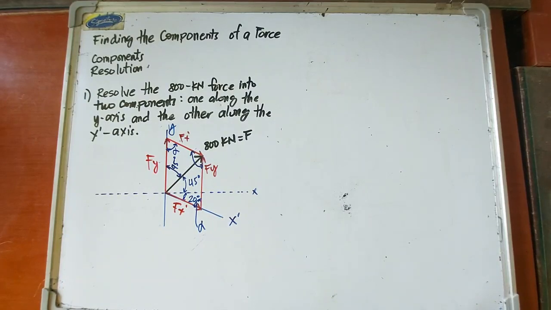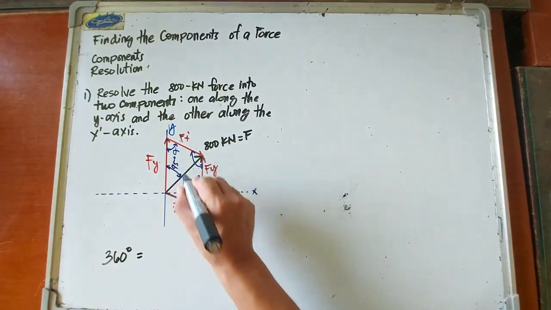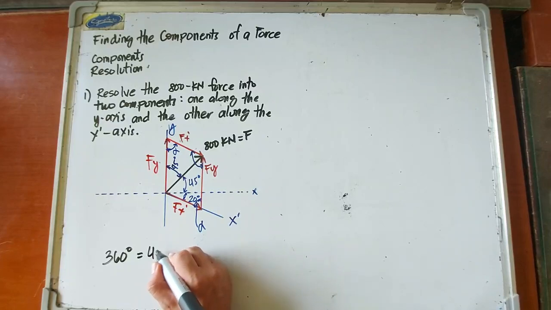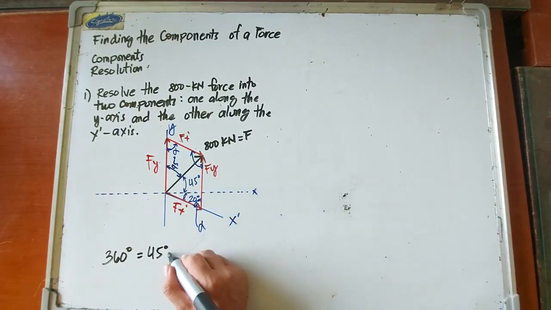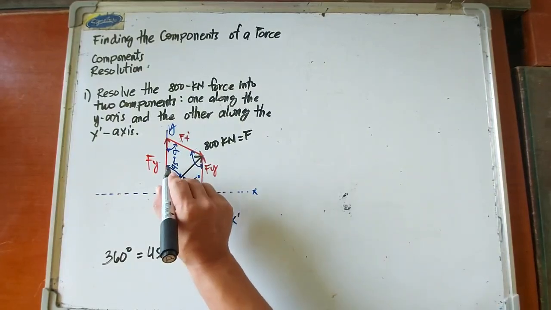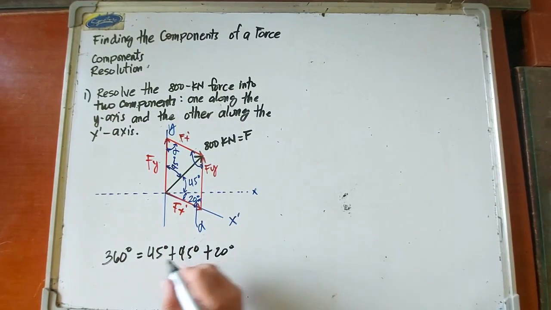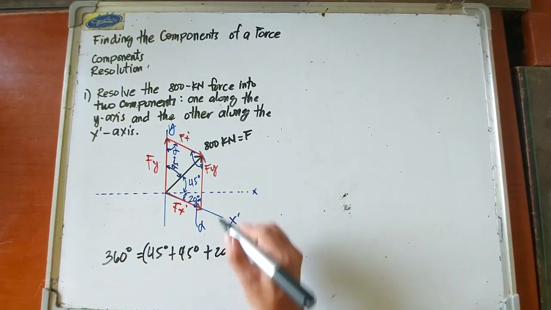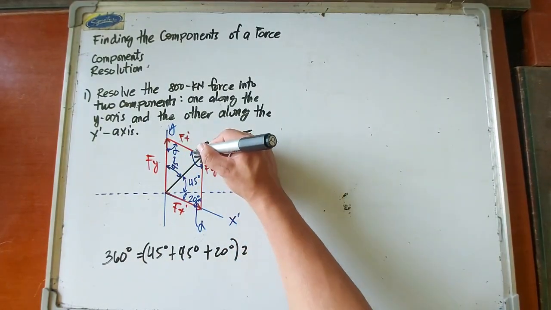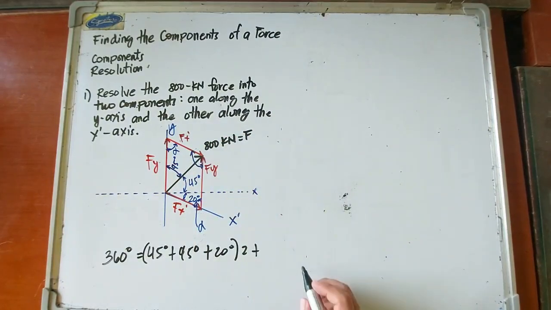So you solve that. The total interior angle of a parallelogram is 360 degrees. That should be equal to 45 degrees plus 45 plus 20. This is 110 degrees times 2 yan, because itong angle na yan the same din siya dito, plus twice of angle alpha.